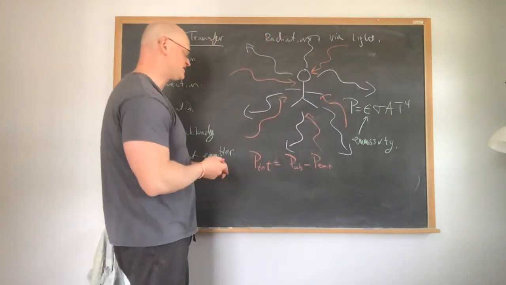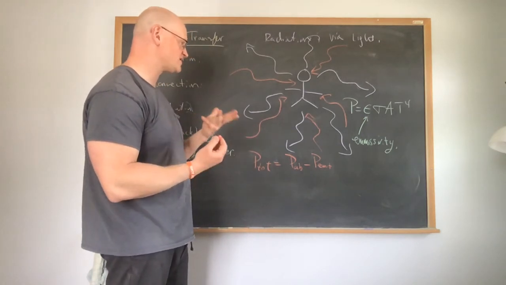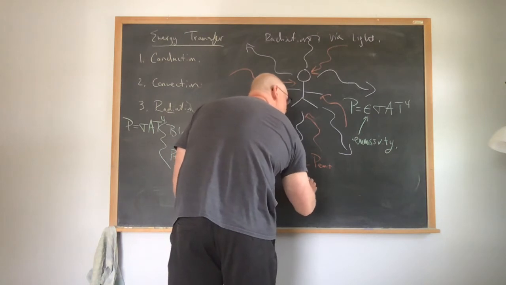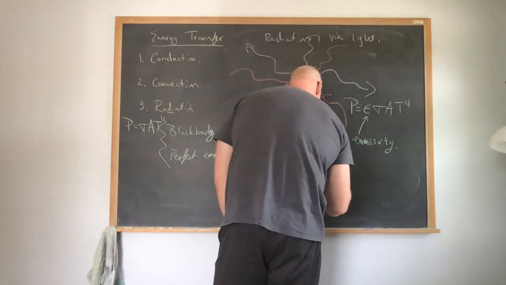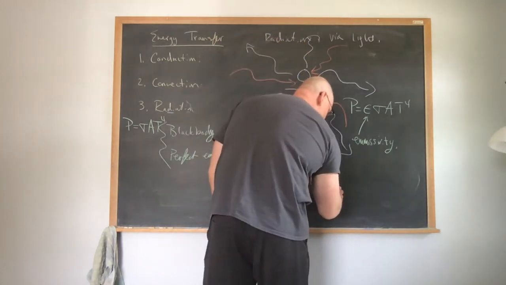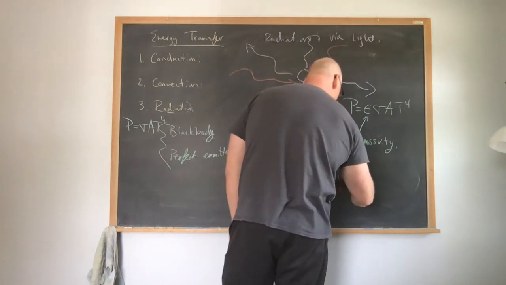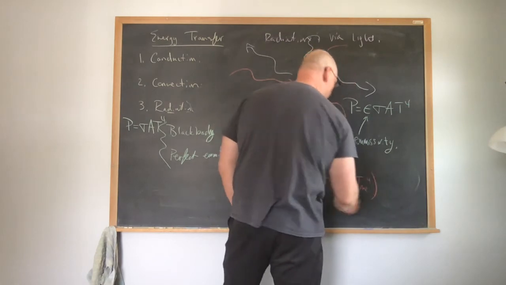So in this case, let's assume that my emissivity is the same, Stefan's constant is the same, my cross-sectional area is the same. So this is going to be the emissivity times Stefan's constant times the cross-sectional area times the temperature at which I am absorbing. So that's going to be the temperature of the environment. I'll write that as T environment to the fourth, minus the temperature that I'm emitting, which is my temperature to the fourth.